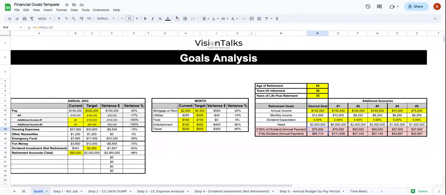So in here, you can see it's divided by 2. What that means is it's 3 million times 2.5%. So that's 2.5% of the 3 million in dividends. So you will get $75,000 a year.